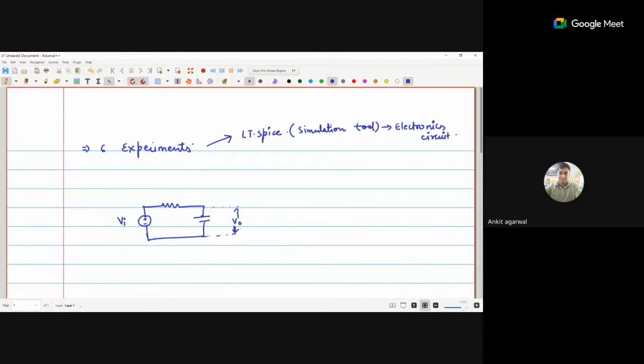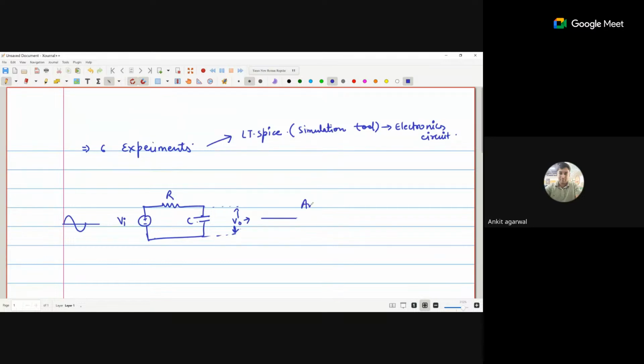On the simulation in the LTspice software you have to find the value of resistance and capacitance. For example, we give you this Vi, and any particular V out, or I just tell you this is the V out voltage that we require. On the basis of that you have to calculate the values of R and C. How do you calculate that?